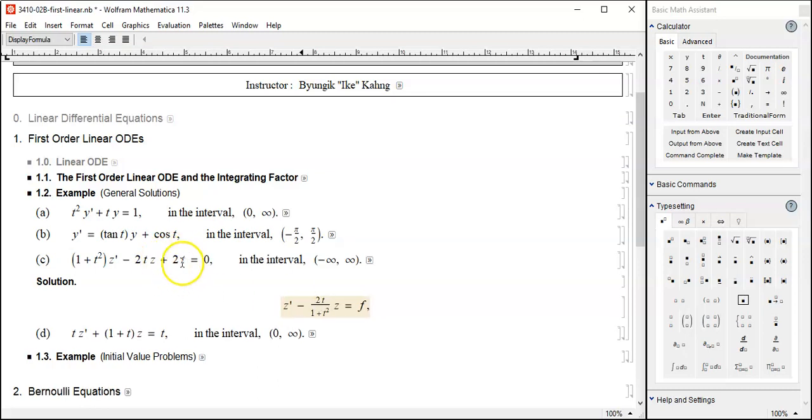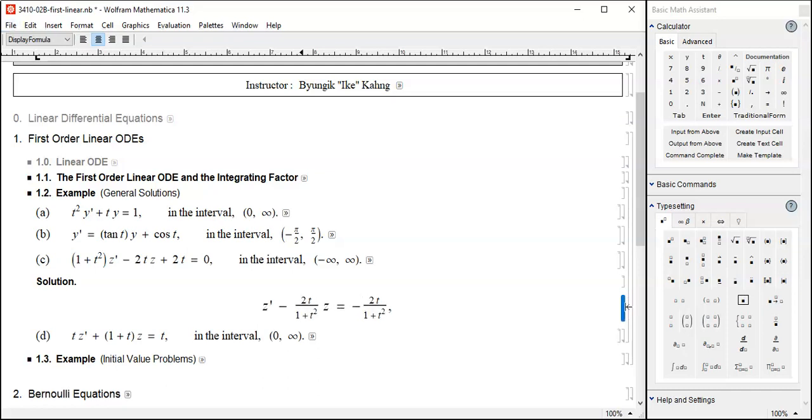And then this plus 2t, we need it on the other side, and then again we need denominator 1 plus t squared. Does it look okay? Let's increase the font because we have fractions here.